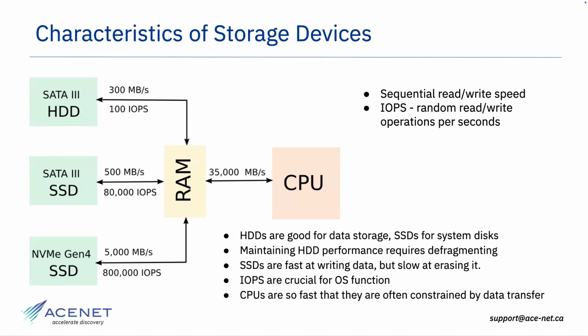IOPS are very important in making a computer feel fast and responsive, since an operating system reads and writes a lot of small files, including configuration settings, logs, and various temporary data. The speed of sequential reads and writes, on the other hand, is more important for large file transfers.